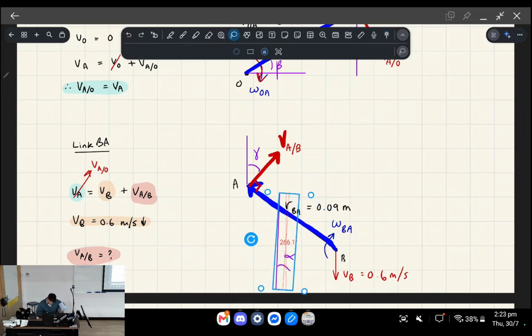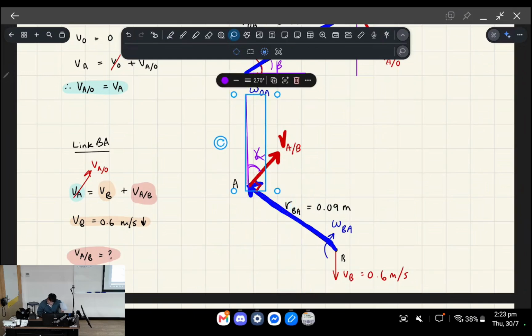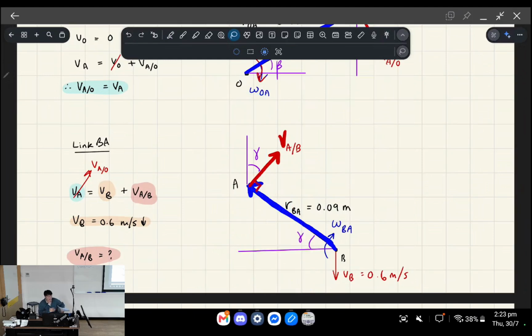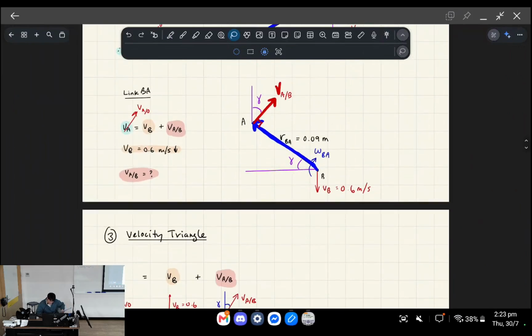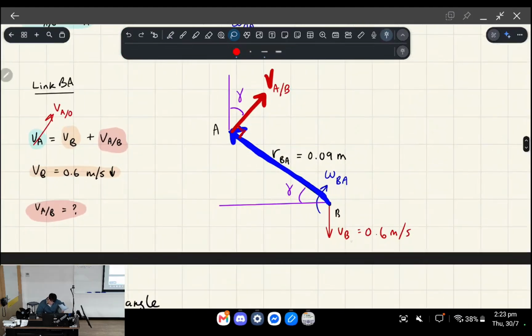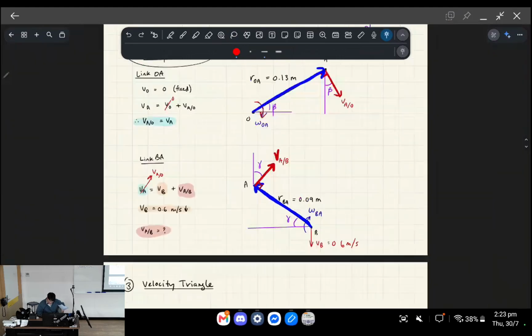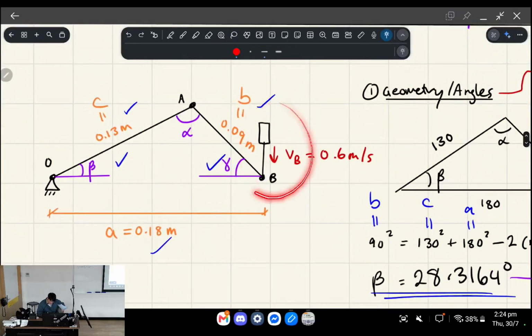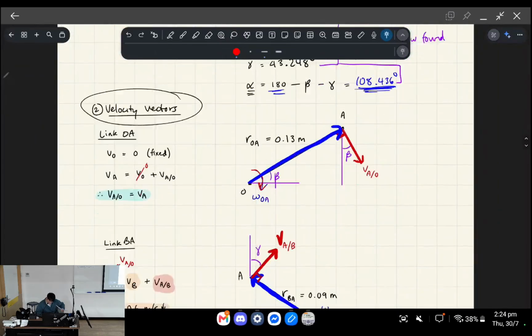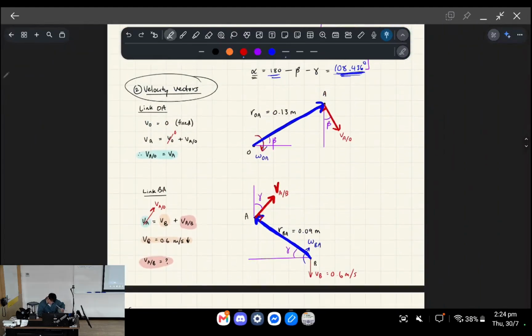If we add 90 degrees, we get that the velocity of A relative to B is coming off the vertical axis at gamma, the angle. And the other thing we know is that VB is just downwards. The reason we know that is because we're told in the question that the cylinder pushes the point B straight down. So now we know the direction of these three vectors.